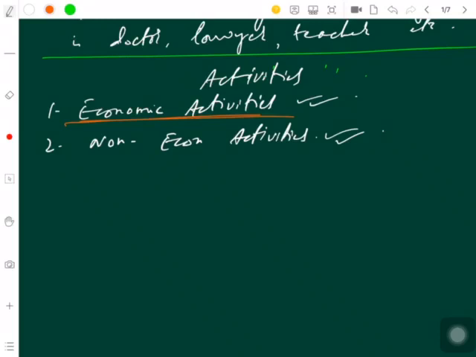But before we proceed, we will name a few economic activities in a detailed manner. First will be production, which is an economic activity. Then I'll talk of consumption.